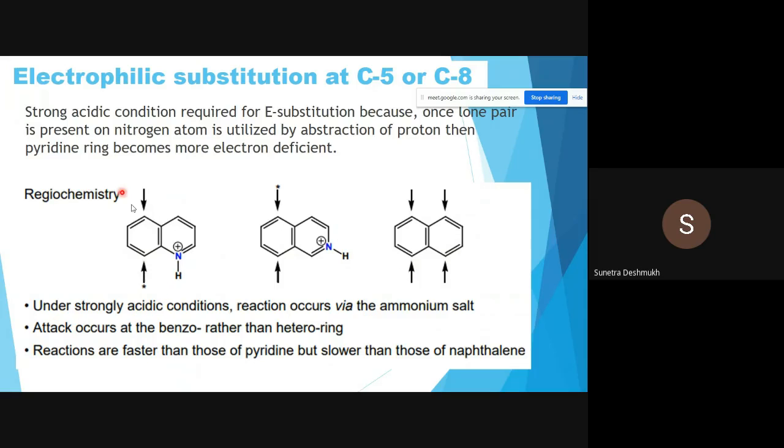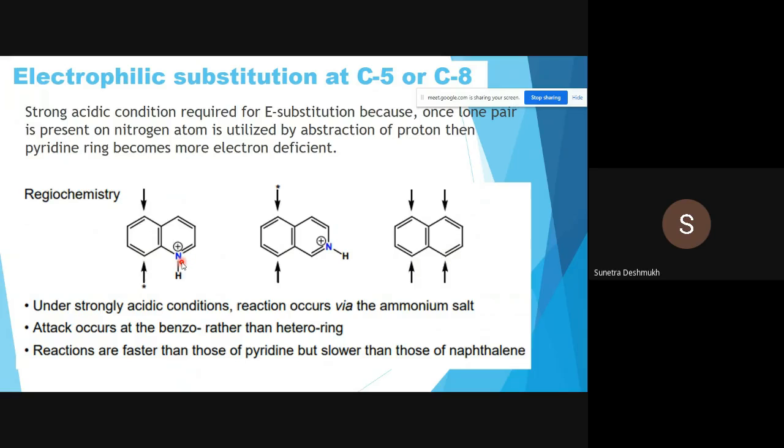Next, under strong acid, why do we need these acidic conditions for electrophilic substitution? Once we do the reaction of quinoline under acidic conditions, this nitrogen gets protonated. We know the lone pair present on the nitrogen atom is free to abstract a proton.